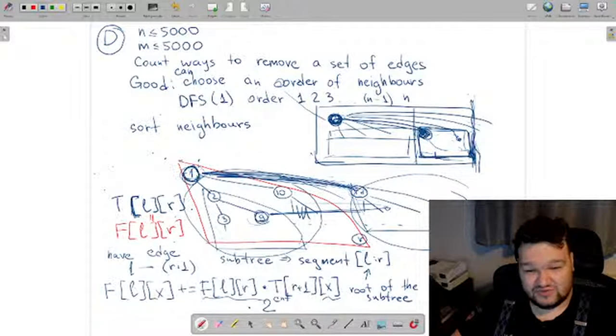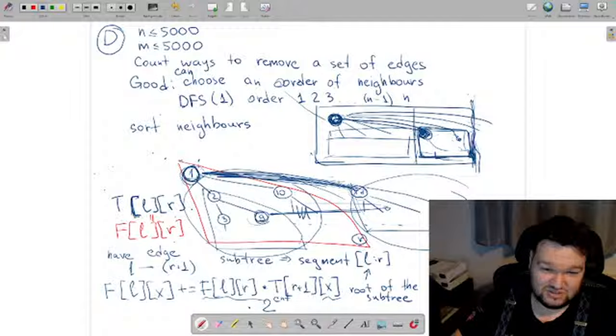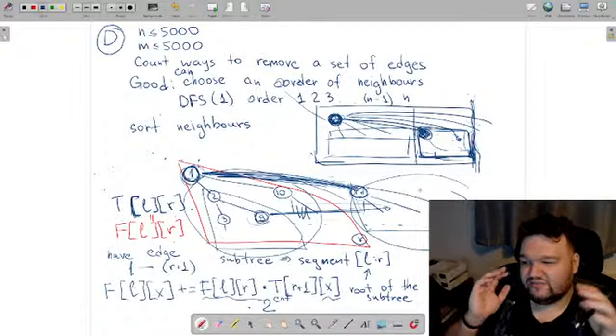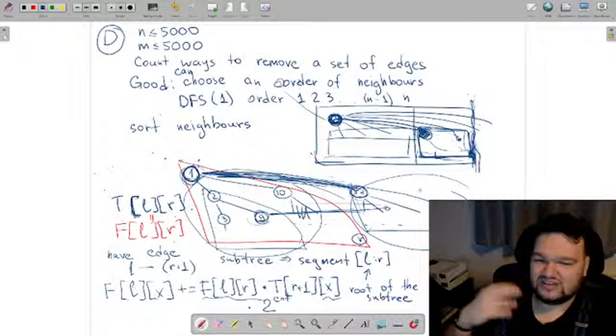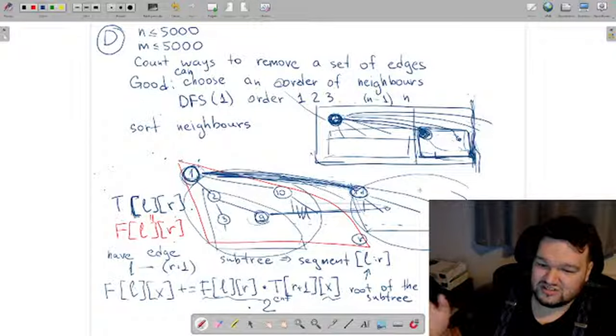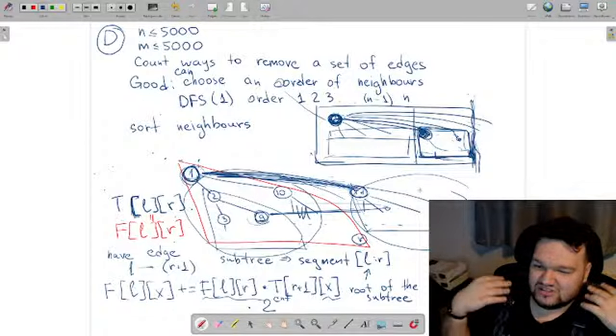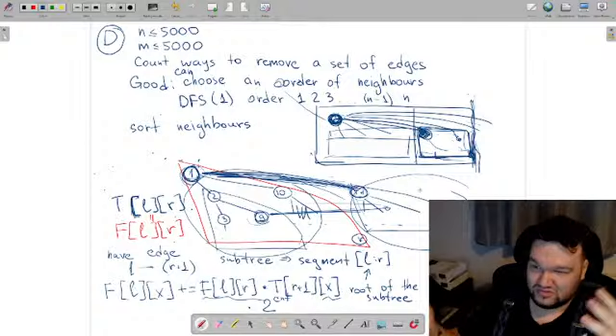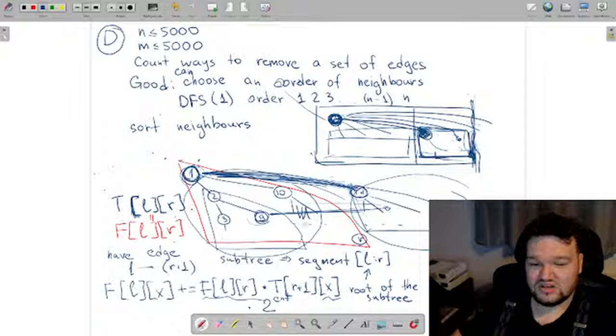And for the edges from the root, we must keep the edge that we are using, but all the other edges we might have, we might not have, it doesn't matter, it still works. So we will multiply the number of ways by 2 to the power of the number of those edges.